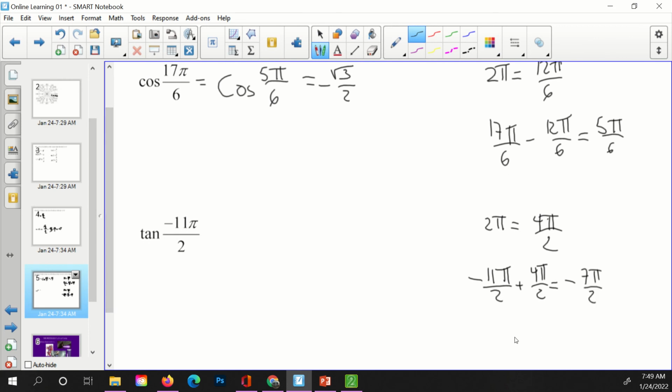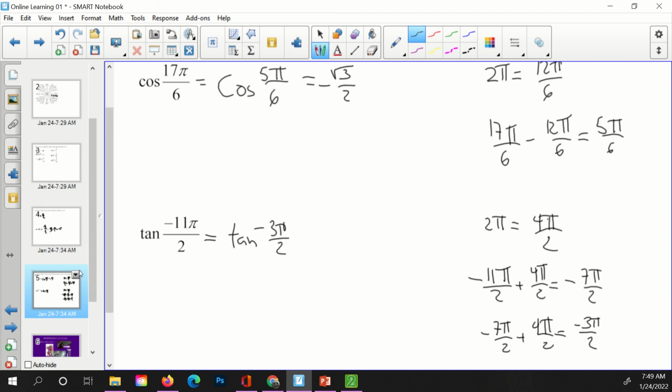Well, that's still too big. That's still more than 4 pi over 2. So negative 7 pi over 2 plus 4 pi over 2 will give me negative 3 pi over 2. Well, negative 3 pi over 2 is on the unit circle. So the tangent of negative 11 pi over 2 is going to be equal to the tangent of negative 3 pi over 2.